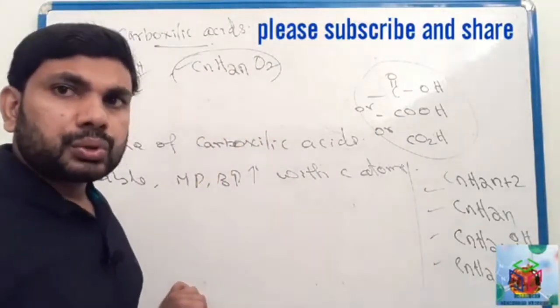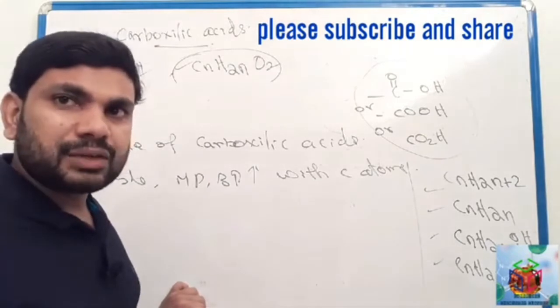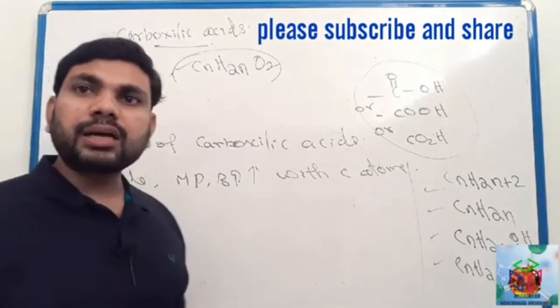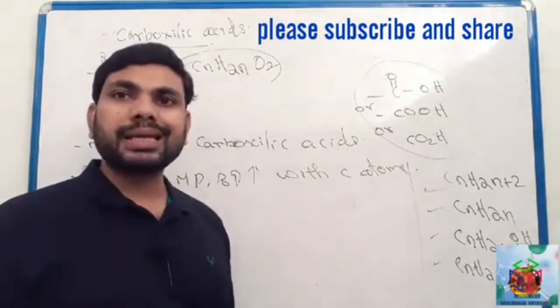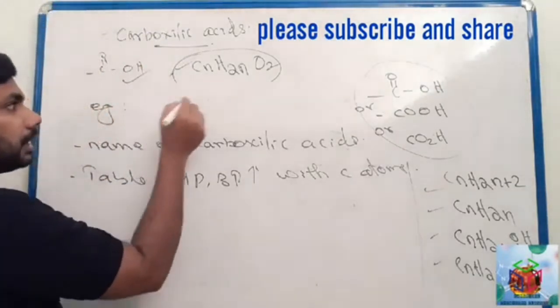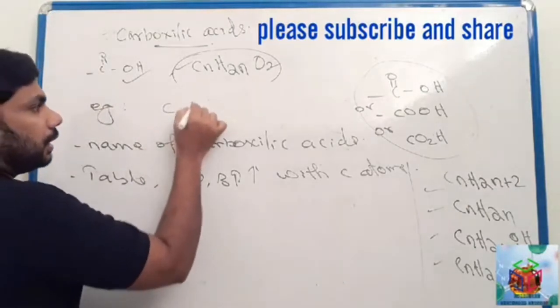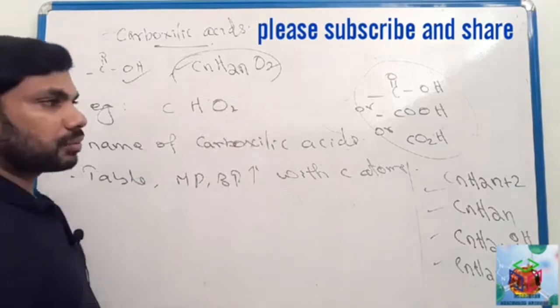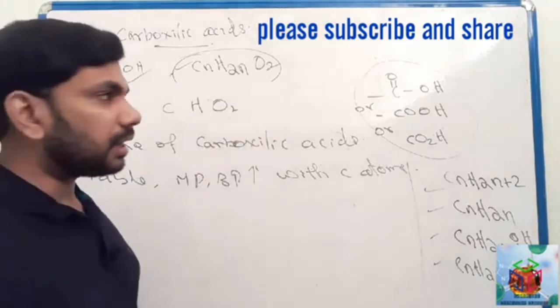Now I told you this is the general formula for carboxylic acid, CnH2nO2. So give the molecular formula of a carboxylic acid which contains 3 carbon atoms. You can simply write carbon, hydrogen and O2. We are doing the molecular formula.